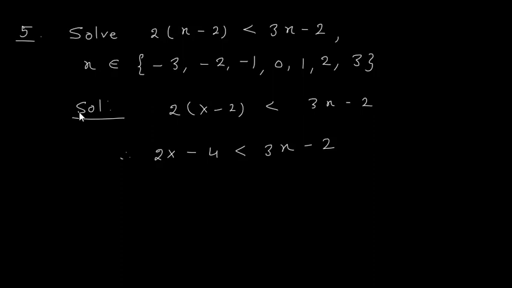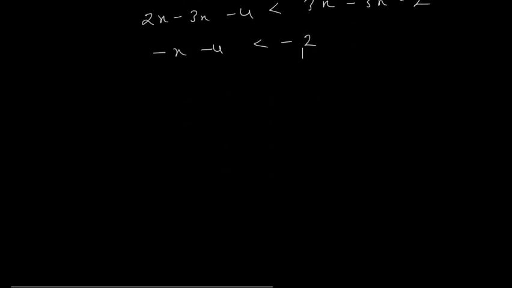So I will write 2x minus 3x minus 4 less than 3x minus 3x minus 2. So 2x minus 3x is minus x minus 4, less than, 3x minus 3x cancel, minus 2.